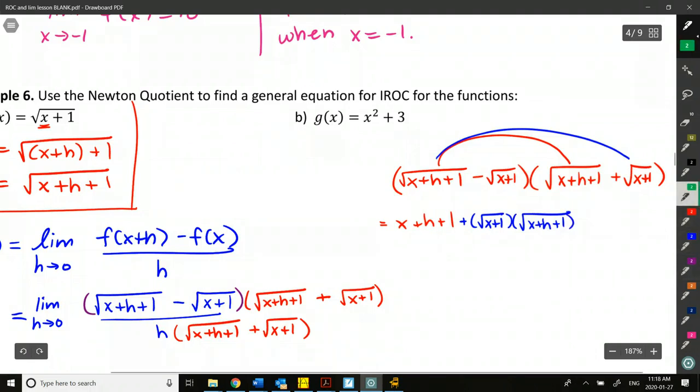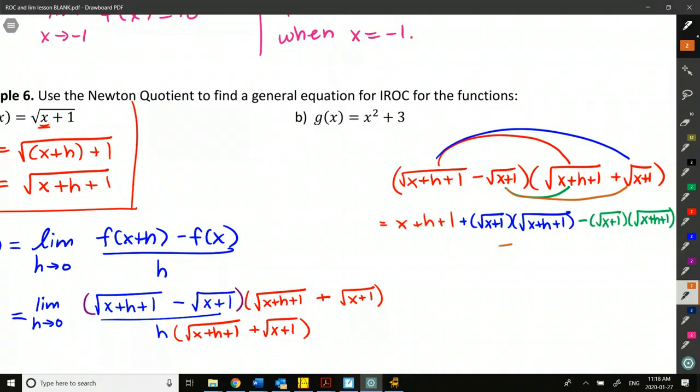And then we're going to get a minus of that same thing when we do insides. So it'll be minus root x plus 1 times root x plus h plus 1. And going on to the next line, then we're going to get a minus root x plus 1 times root x plus 1, which is root x plus 1 squared. So we're just left with x plus 1.